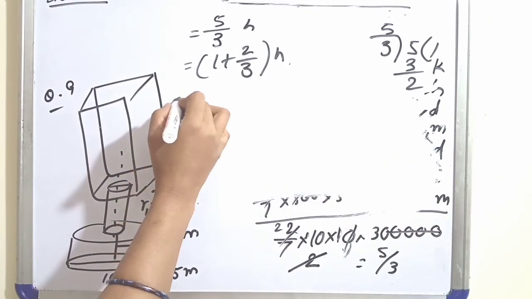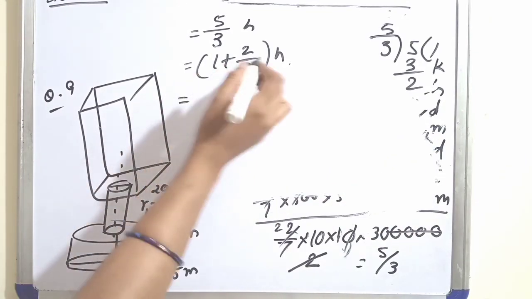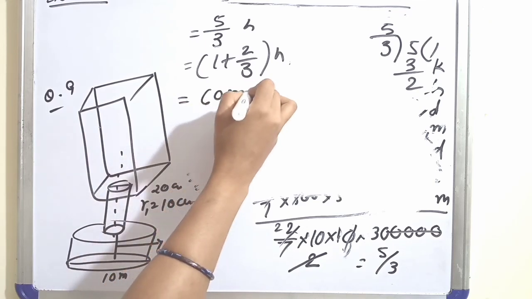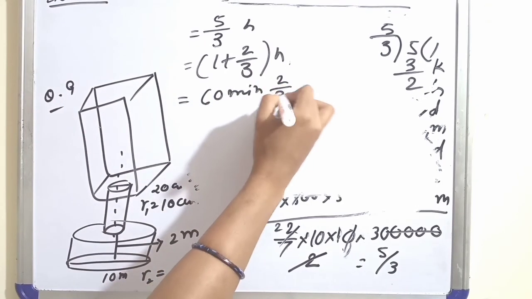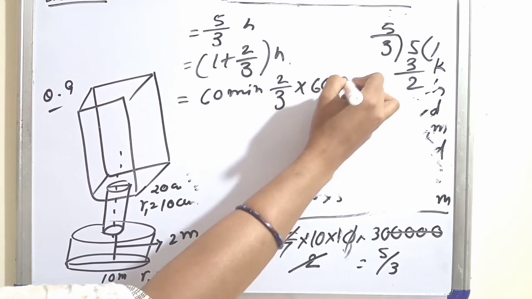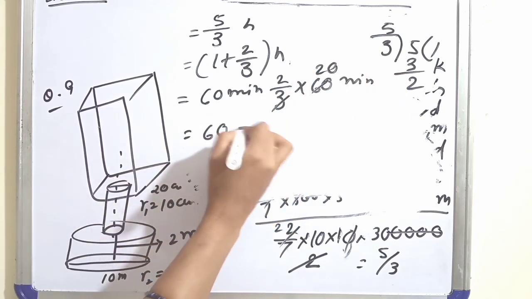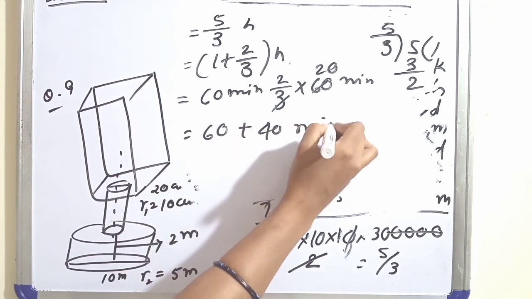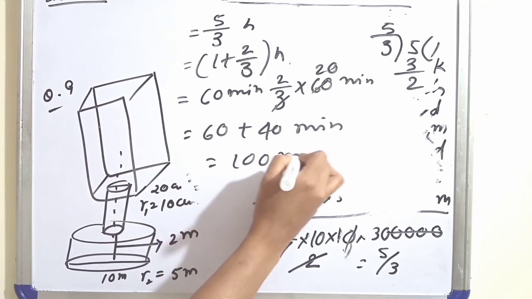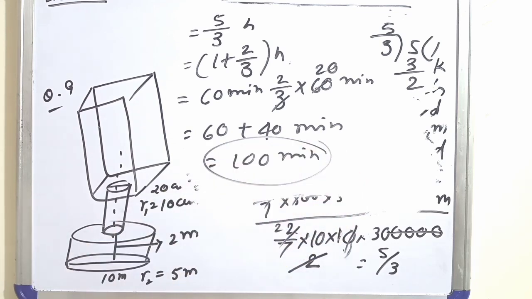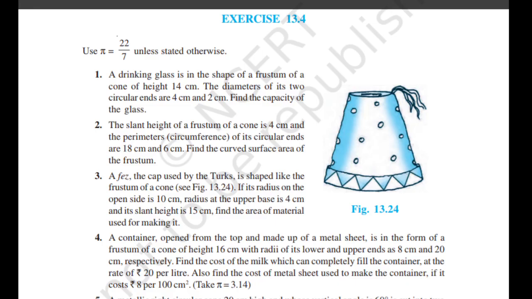So change to minute, that means 1 hour is 60 minute. 2 by 3 hour, that means 2 by 3 into 60 minute. So 60 plus 40 minute is equal to 100 minute. That's the answer.